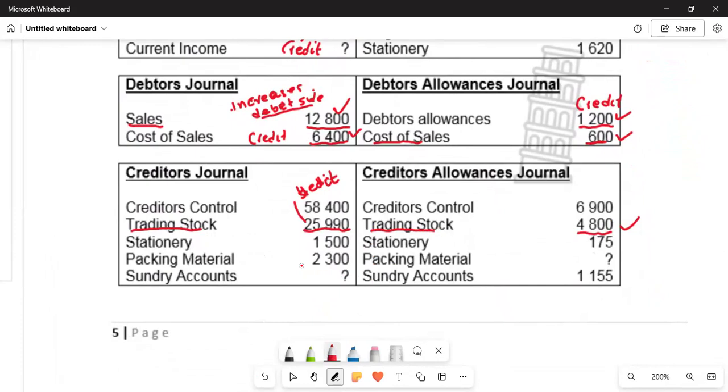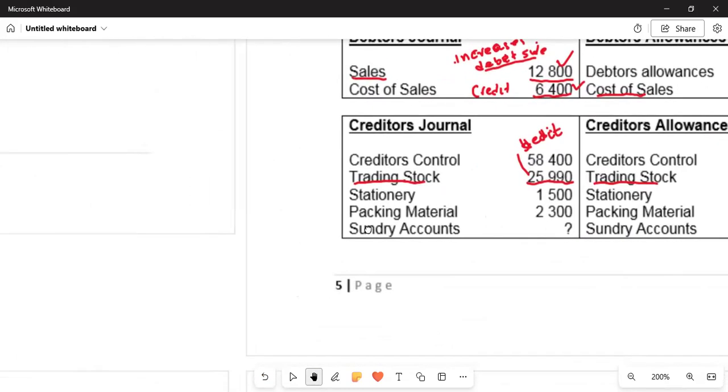So stock is returned to supplier. So it decreases the stock. The business is the one that is now returning the stock to supplier when you are saying it's creditors allowance. So it's going to be recorded under trading stock on the credit side.